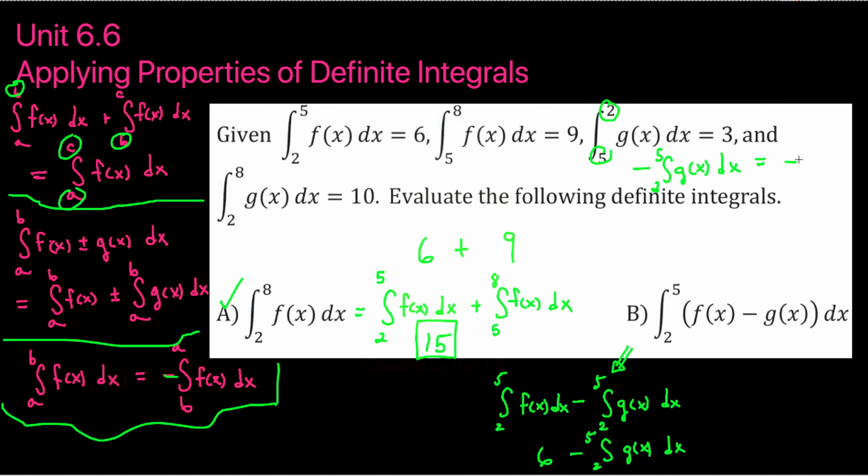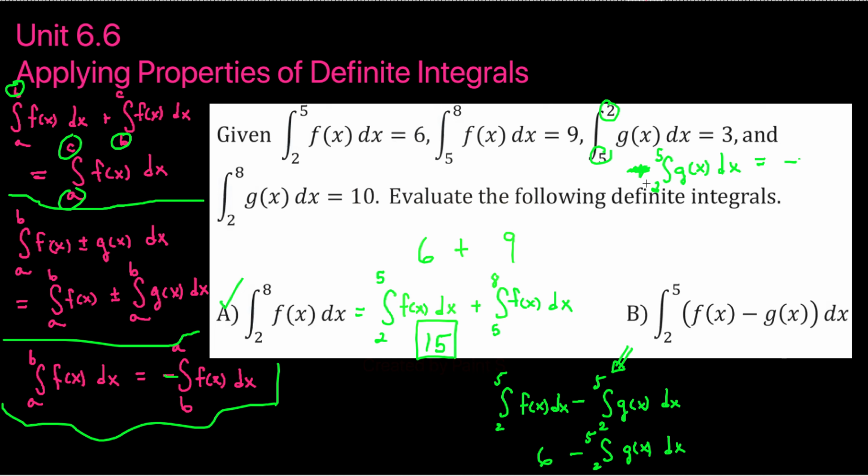Am I correct in this? Once I switch the bounds, the value is going to be negative whatever the original value is. Why am I having trouble with this now?